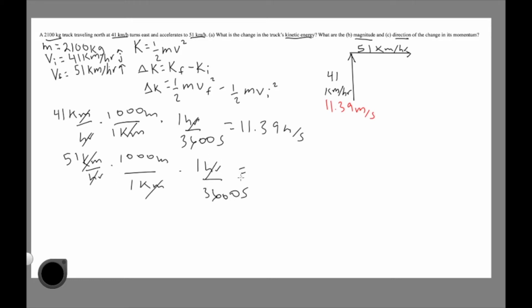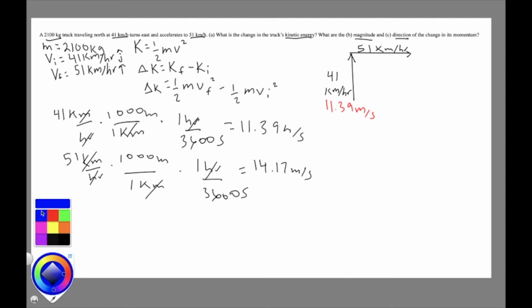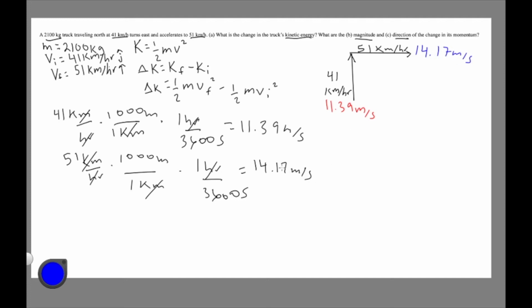That leaves us with approximately 14.17 meters per second. Let's write that over here. So now we have our speed in terms of meters per second.